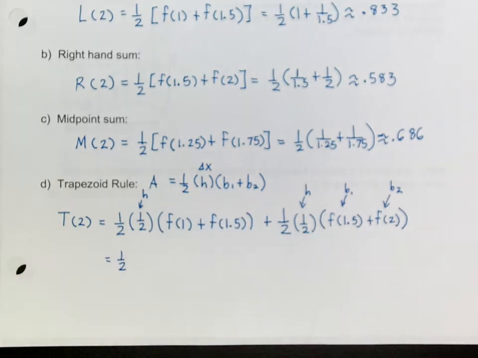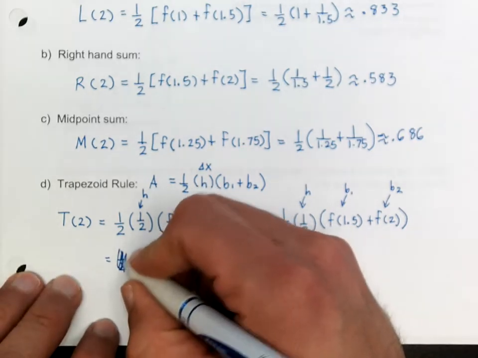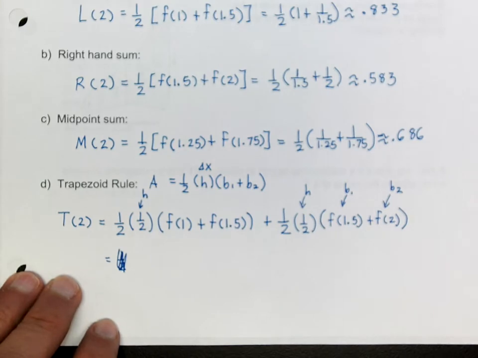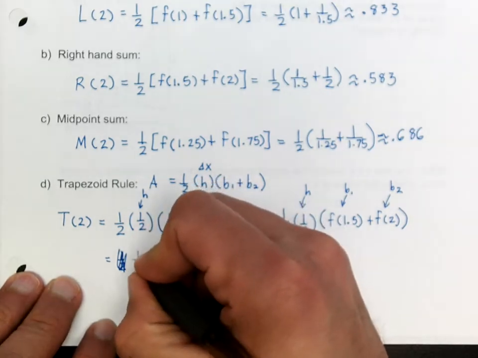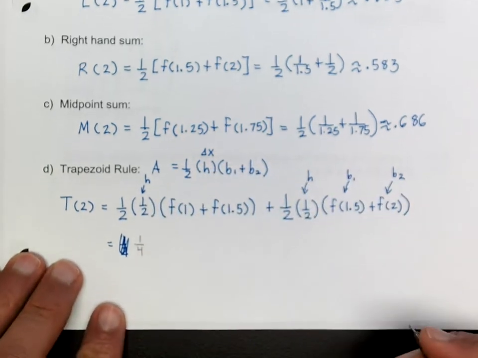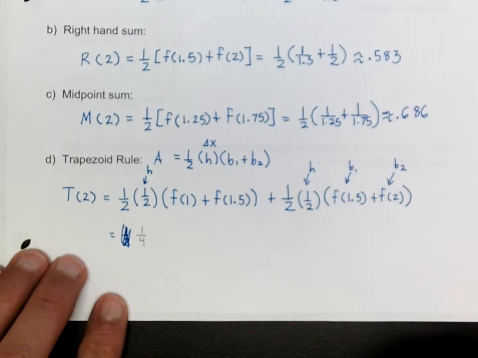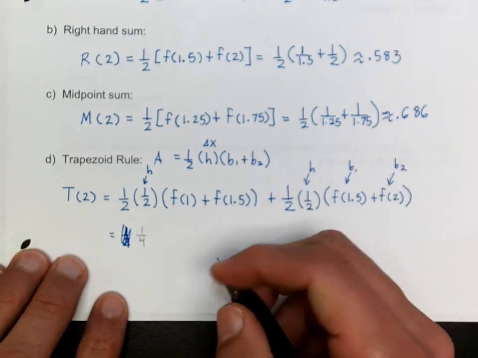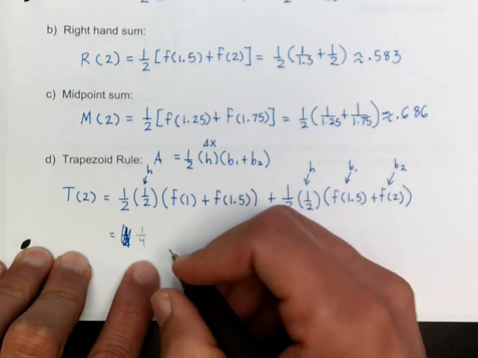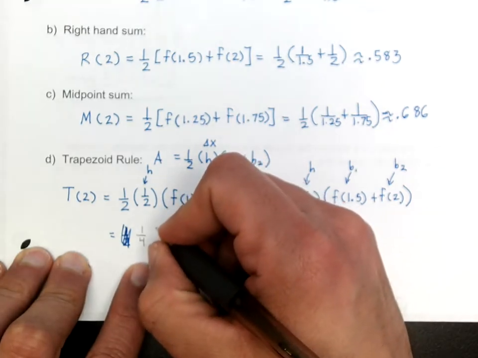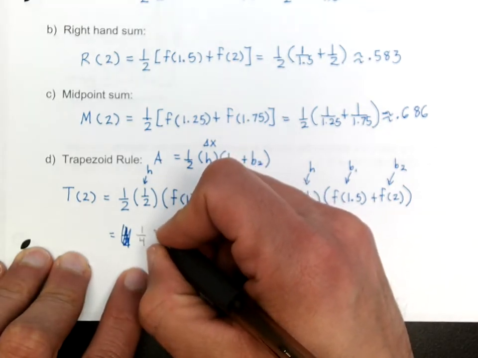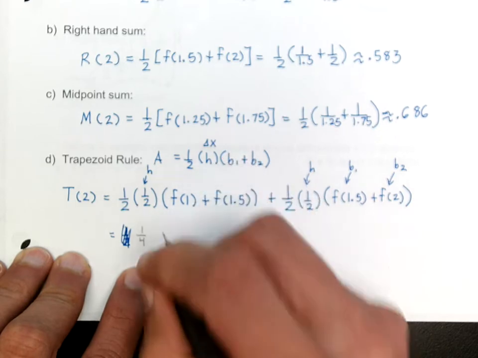And I noticed I just messed up, so I'm going to switch to pencil so I don't do that again. So I have 1/4. Here's what I'm going to do.